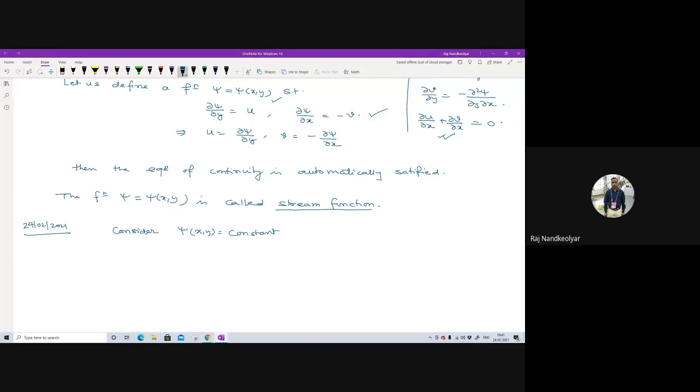So what does psi(x,y) equal to constant represent? Geometrically, what is the interpretation of psi(x,y) equal to constant? Is there anyone?